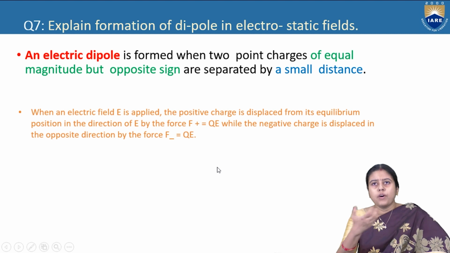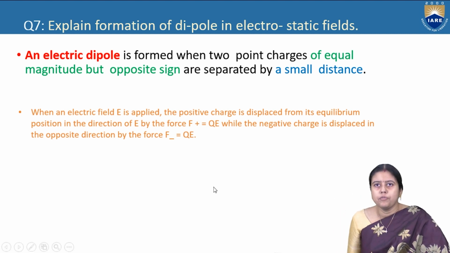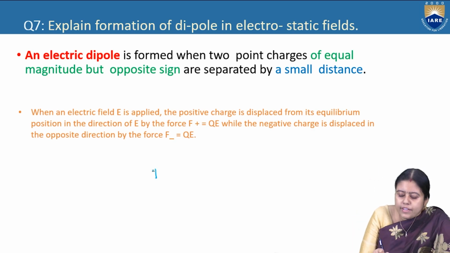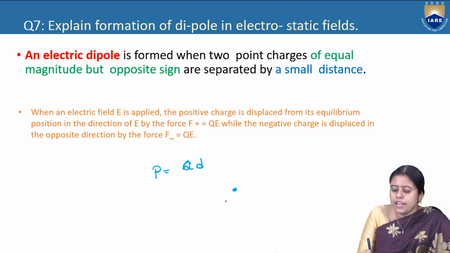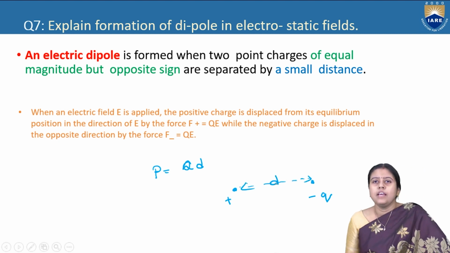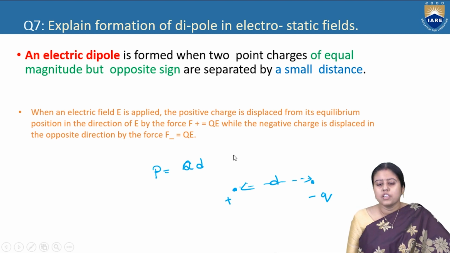So when one is plus QE and the other is minus QE, at that time the dipole moment will be P is equal to Q into D. If one is a positive charge and the other a negative charge, and we take the distance between them as D, then the electric dipole moment is P equals QD.